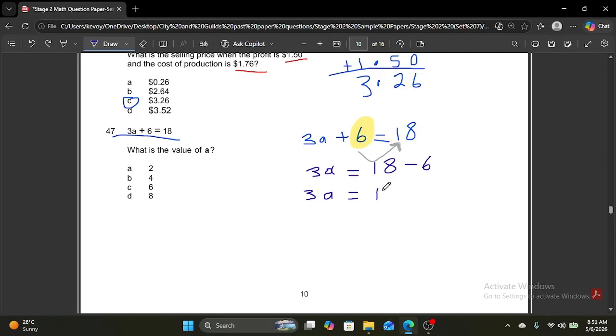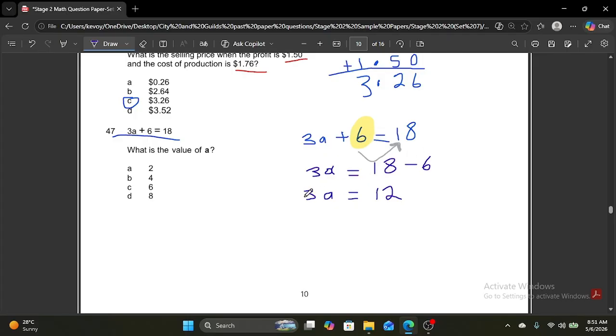Remember, whenever we move numbers from one side of the equal sign to the next, the sign will change to the opposite. So that plus 6 will change to minus 6. We subtract 18 minus 6, that will be 12, and we're left with 3a. We always move the number that's subtracting or adding first.